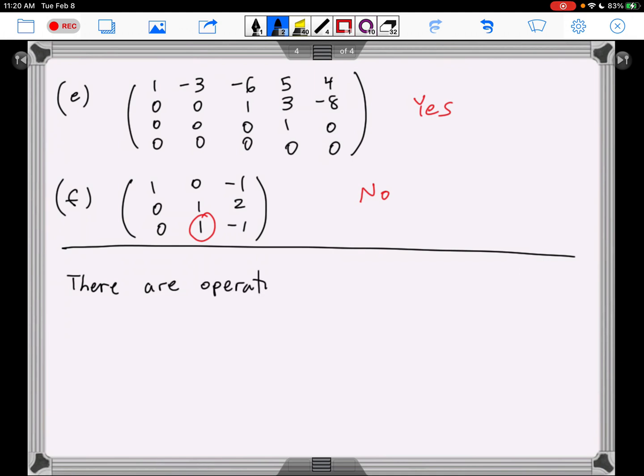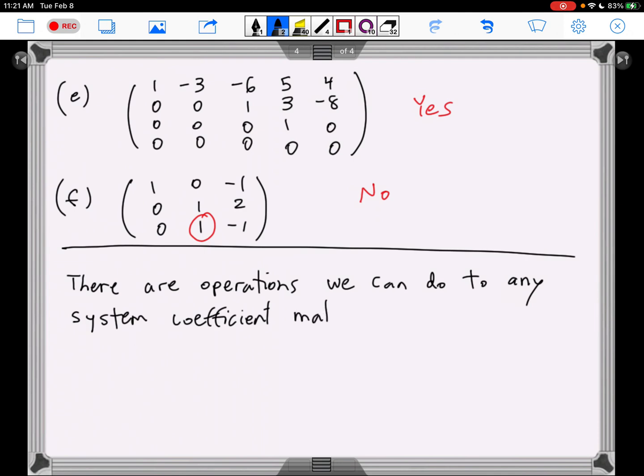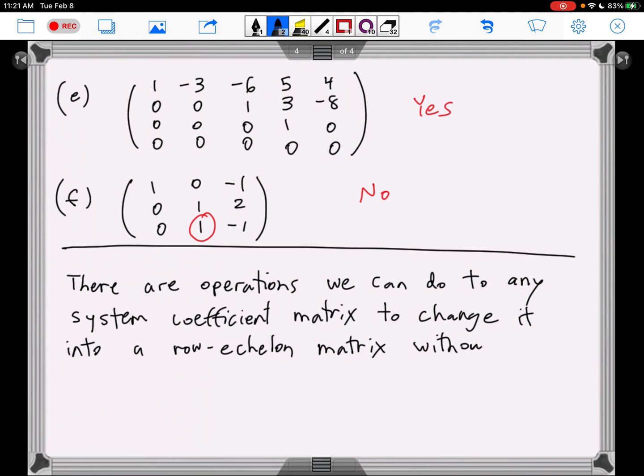There are operations we can do to any system coefficient matrix to change it into a row echelon matrix without changing the solution set of the system.